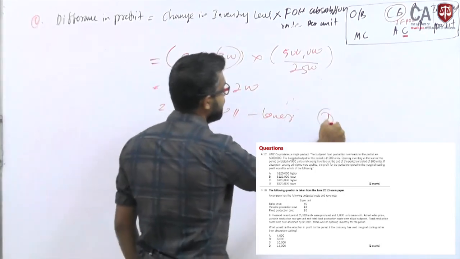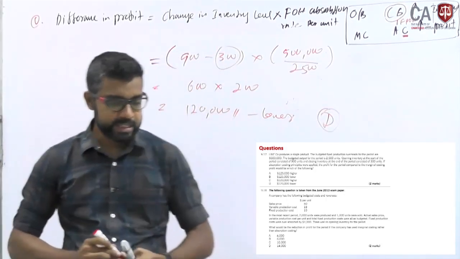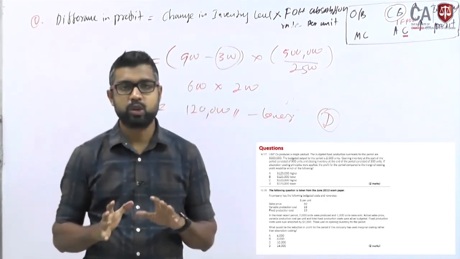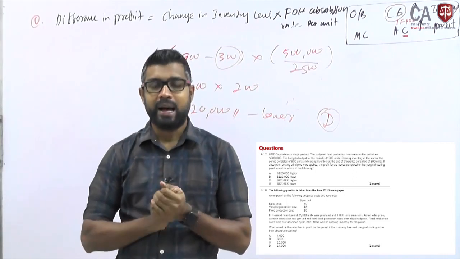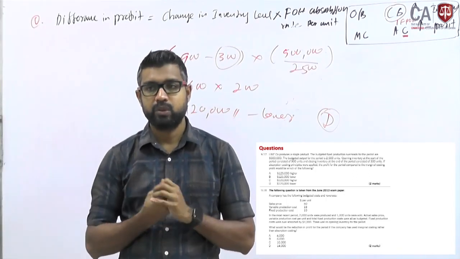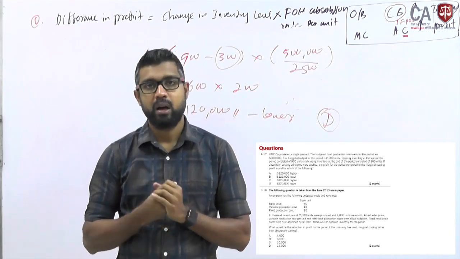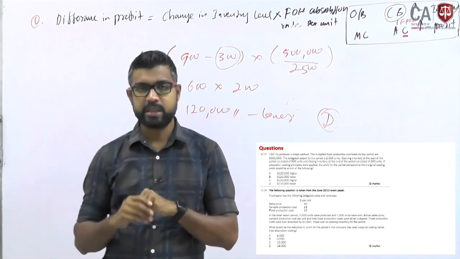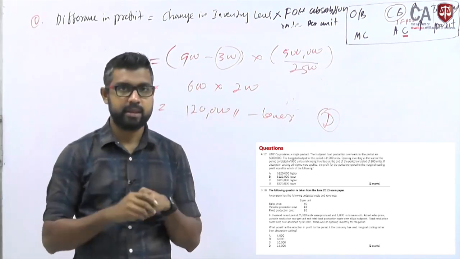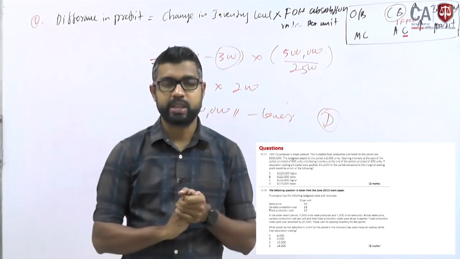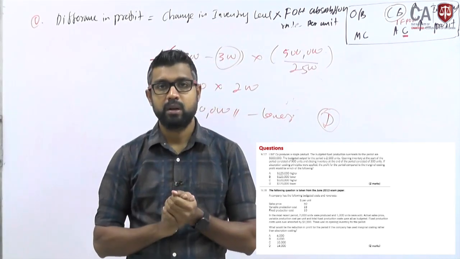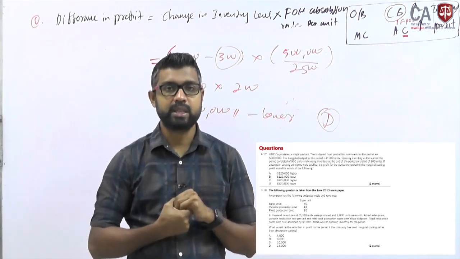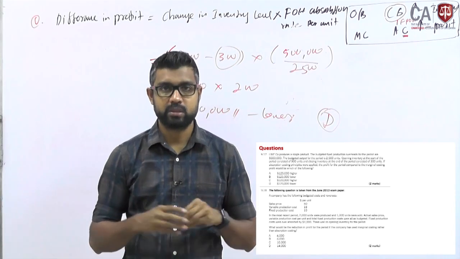The correct answer is D. So those are the questions the examiner can test from this topic, marginal costing versus absorption costing. I think we have done a fair set of questions which will help you manage any exam questions. The examiner can use different logics to set up questions from absorption and marginal costing. Fundamentals we have done, questions we have also discussed. That is more than enough to handle exam questions. Thank you.